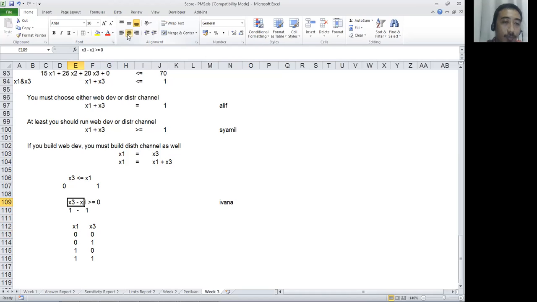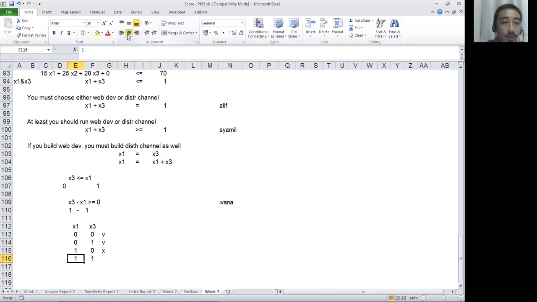But how do we come up with this equation? We can try it this way. This is the combination 0 0, 0 1, 1 0. And we make a sign here, which one violates and which one does not violate the term. This is okay, right? And then this is not okay, because if you build 1, you should build 3. So this is not okay.